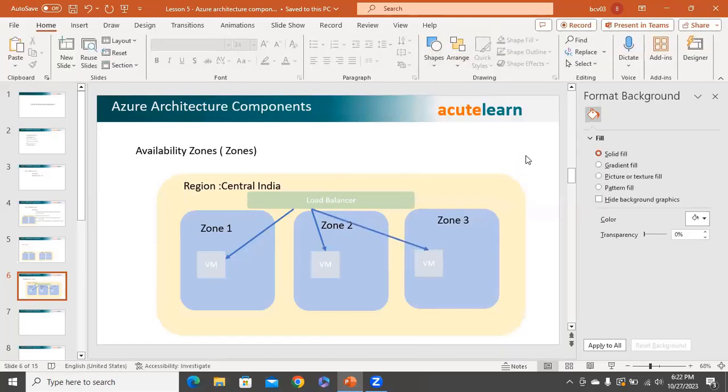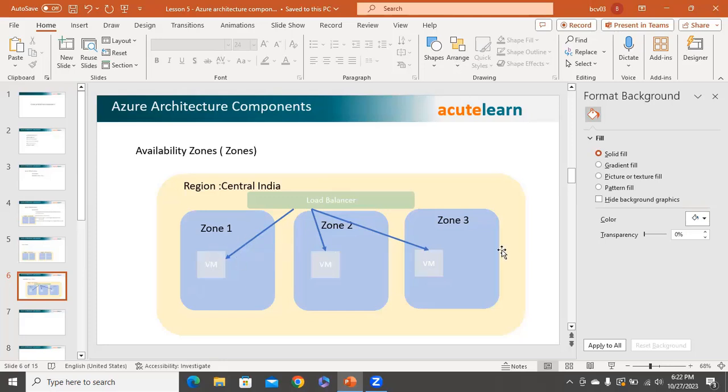The zones will help us improve the availability of our application by distributing the virtual machines across the zones. So if the physical servers in zone 1 fail, this VM will go down, but the other 2 VMs running the same application are still up and running, and your load balancer is distributing the traffic to these 2. So to improve the availability of your application, we can use multiple zones to distribute our resources.